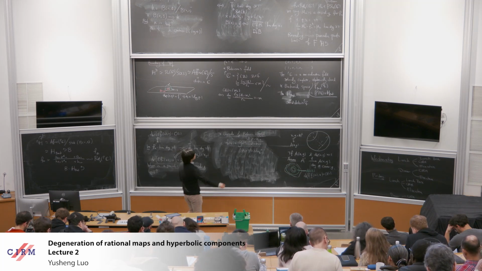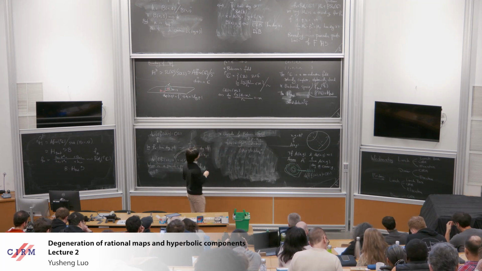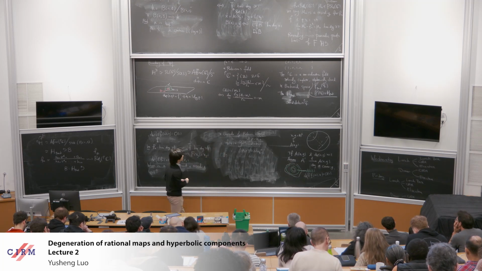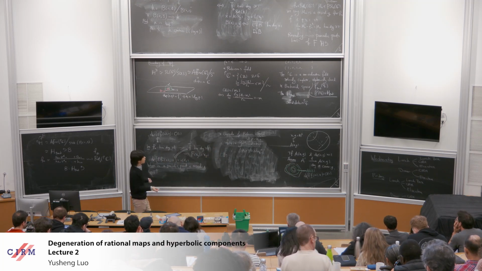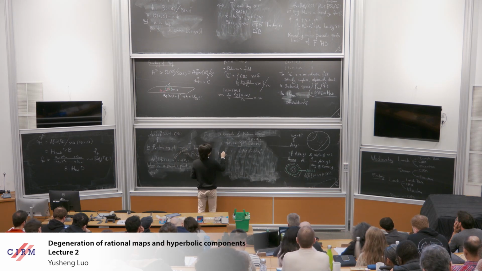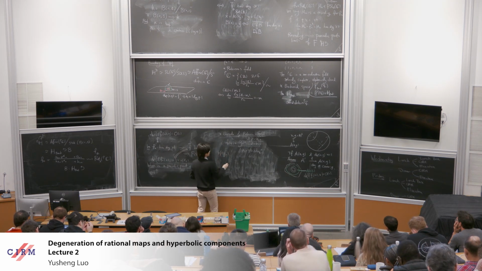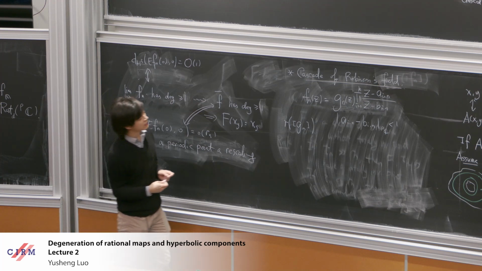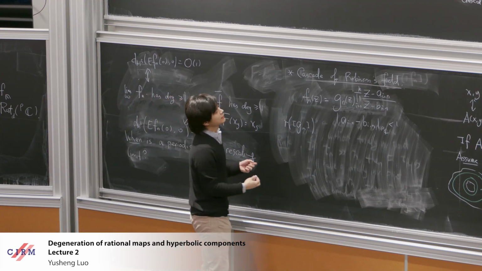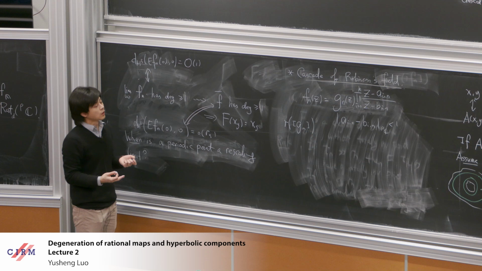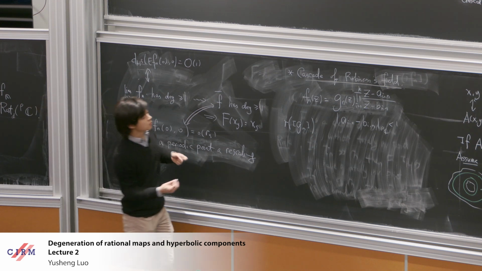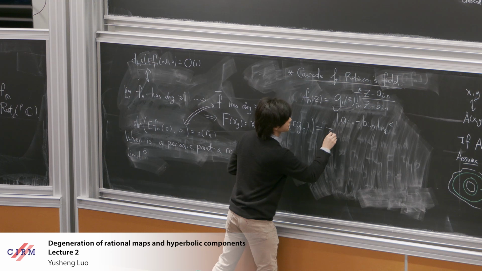All right, and then now you have this lift, which is this Gn. And with this Gn, you can play essentially the same game. You can look at this sequence of rational maps Gn, and this will give you a secondary scale, let's call it tau n.